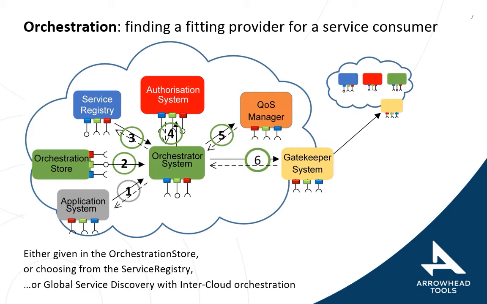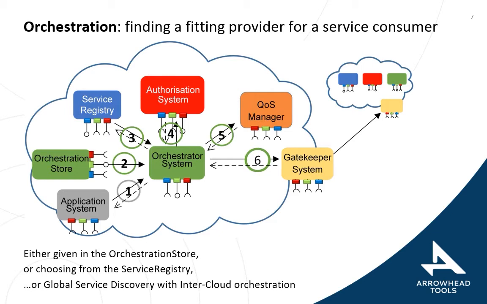And if a provider can be chosen in this local cloud, then the orchestrator sets up the communication for this consumer and the provider, and they then communicate between each other directly.